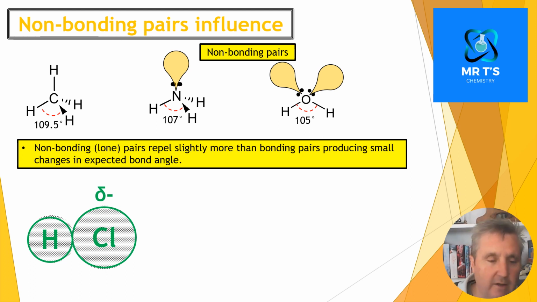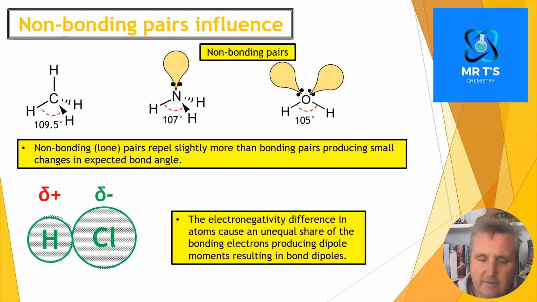So this wee delta here, and sometimes when we draw it by hand, it looks more like a not quite completed figure 8. So this delta minus says that the chlorine is a wee bit more negative than we would expect because it shares more of the electron. And we get a dipole moment for a hydrogen with delta positive.